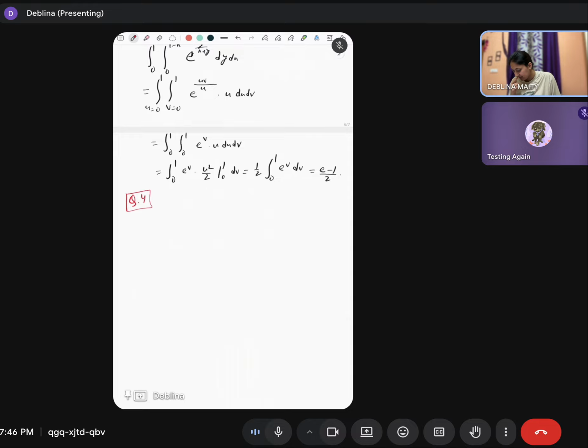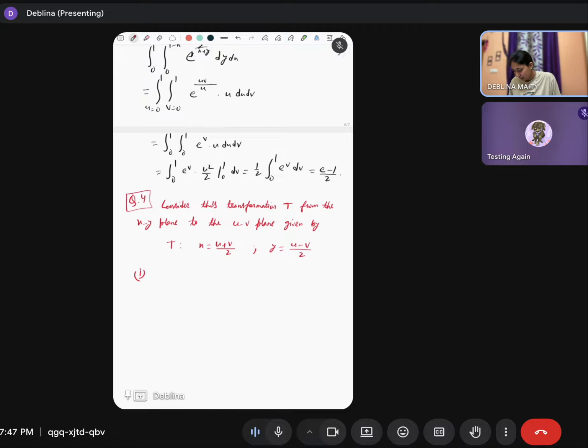So question 4 is again from transformation. Consider this transformation T from the xy plane to the uv plane, given by x equals u plus v by 2 and y equals u minus v by 2.